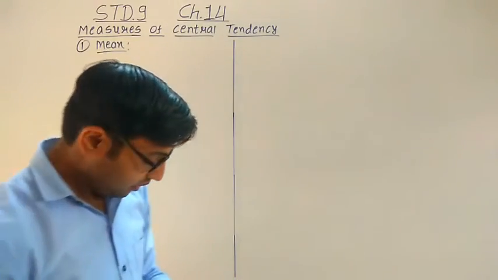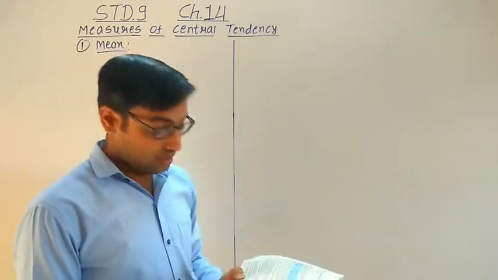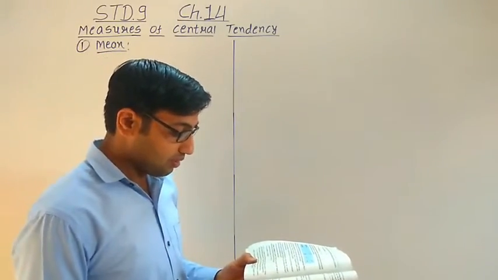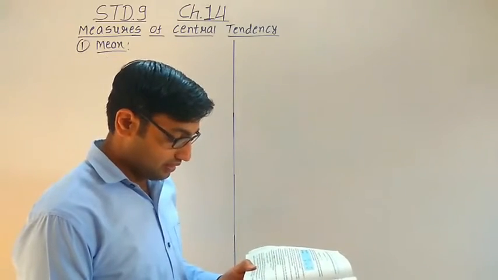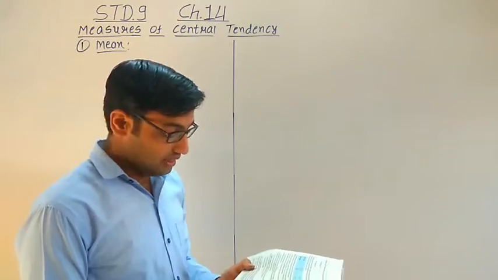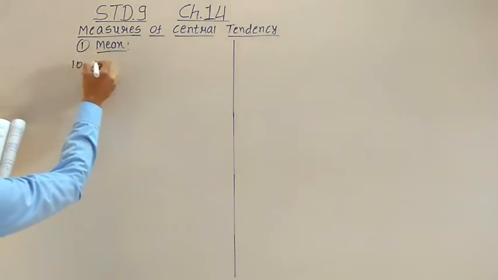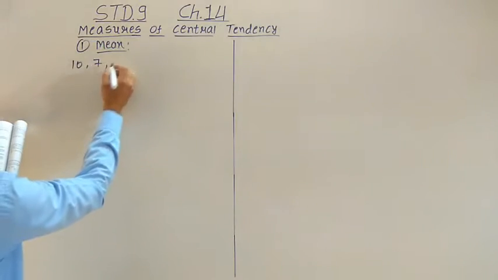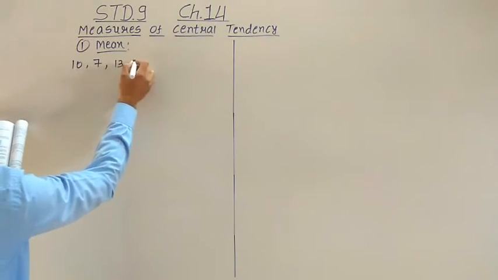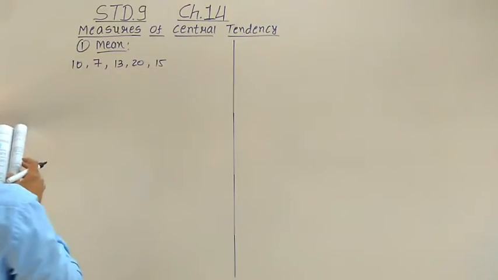Here one of the questions is example number 10: 5 people were asked about the time in a week they spent doing social work in the community, and the times we have are 10 hours, 7 hours, 13 hours, 20 hours, and 15 hours. Right?